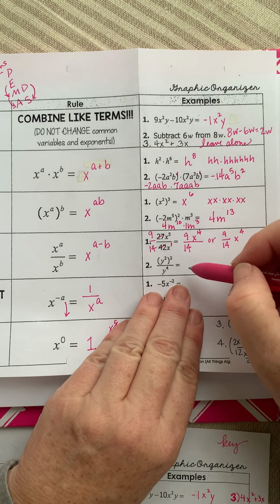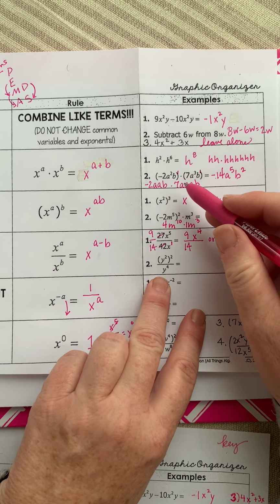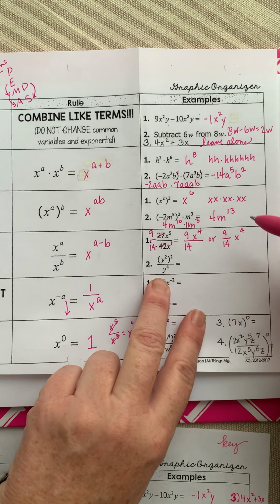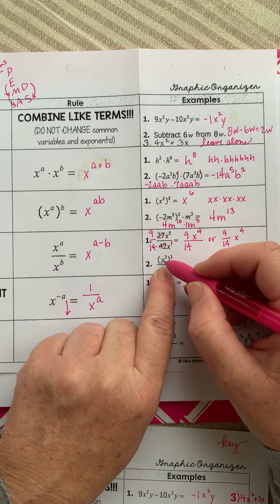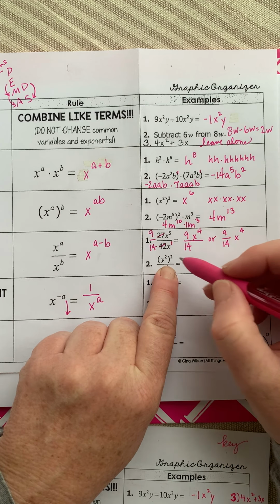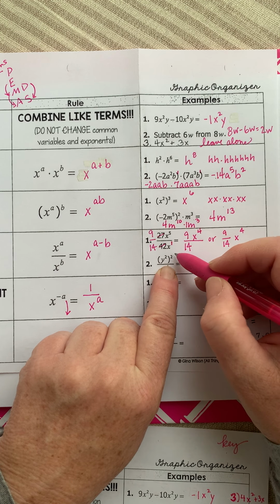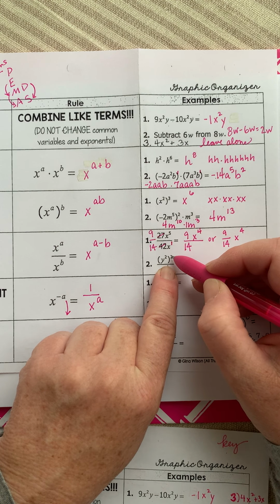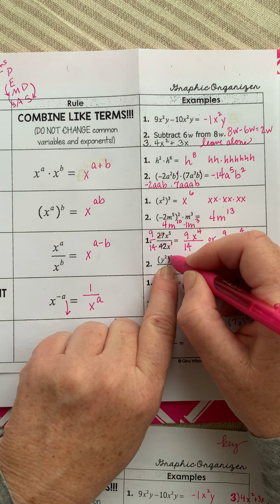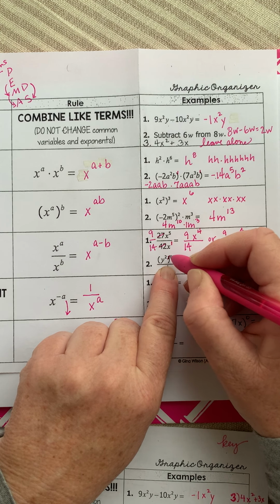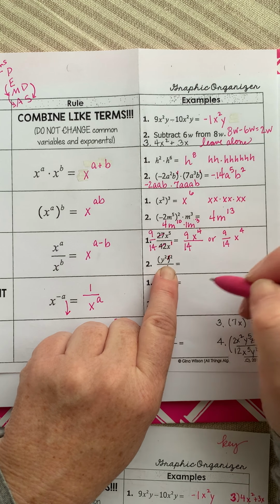All right, number 2 example is a combination, again, of a couple of our rules. So the first thing that we want to do is take care of the top, y squared raised to the second. We're going to multiply these. That's the power rule, raising an exponent to an exponent. You may remember I used to teach it like this. Change this into a multiplication.